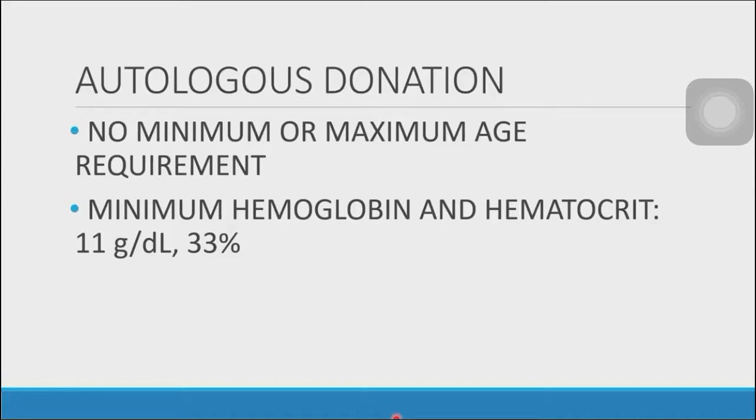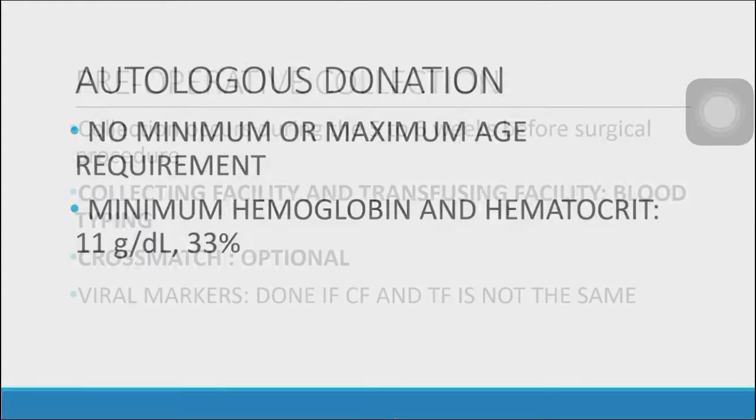There is no minimum or maximum age requirement. And the minimum hemoglobin and hematocrit niya is greater than or equal to 11 for the hemoglobin and greater than or equal to 33% for hematocrit. So huwag kakalimutan yung requirement natin for autologous donation: at least 11 yung hemoglobin, 33% naman yung hematocrit.